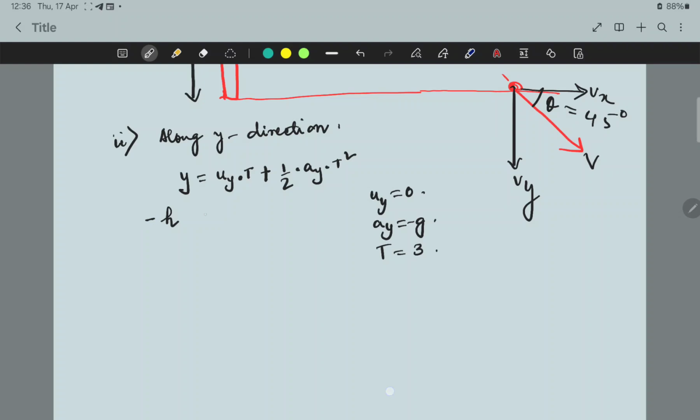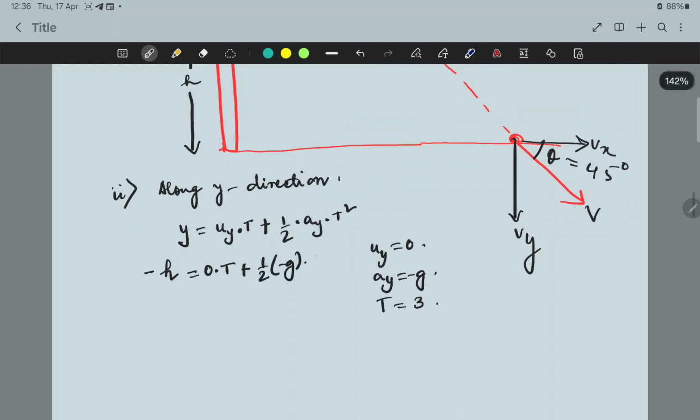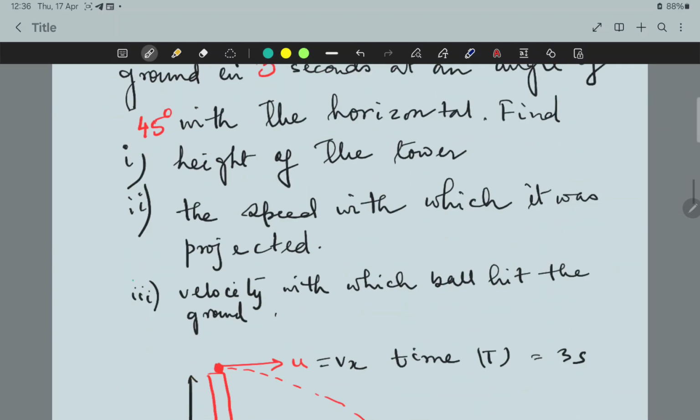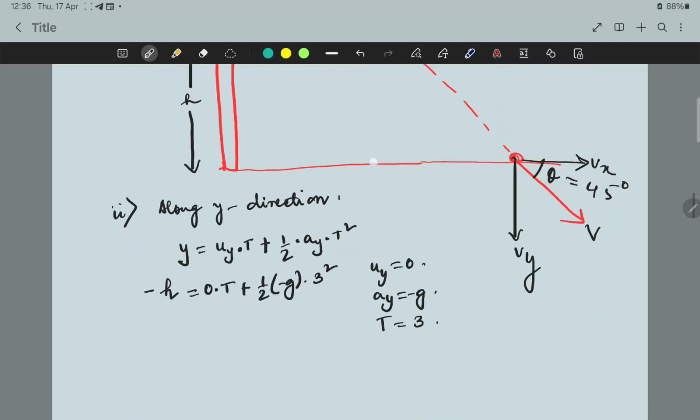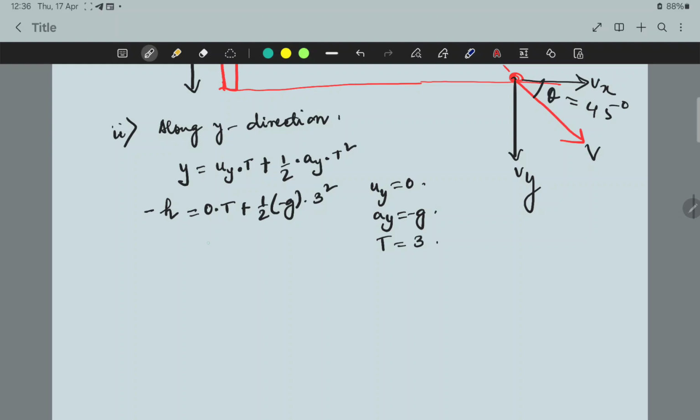So let's write minus h equals 0 multiplied by t plus half of minus g multiplied by 3 square. Here they have not asked us to take g as 10, so I am writing 9.8 in place of g. Minus h equals minus half multiplied by 9.8 multiplied by 9.